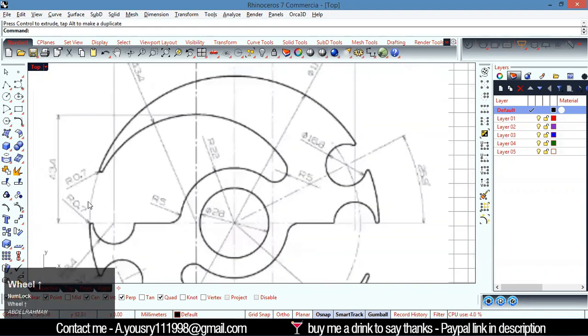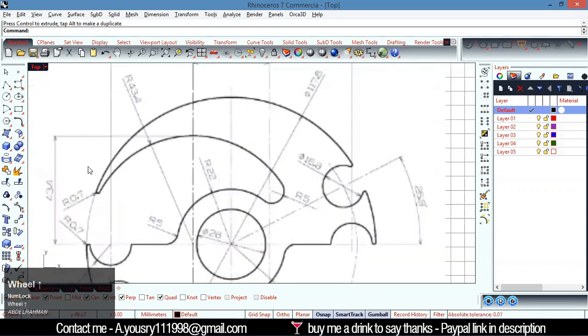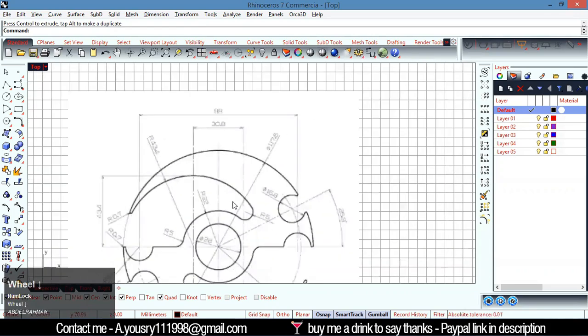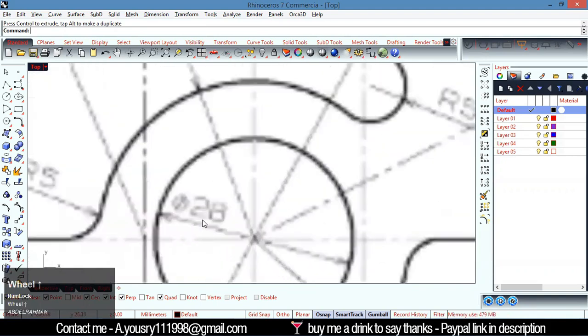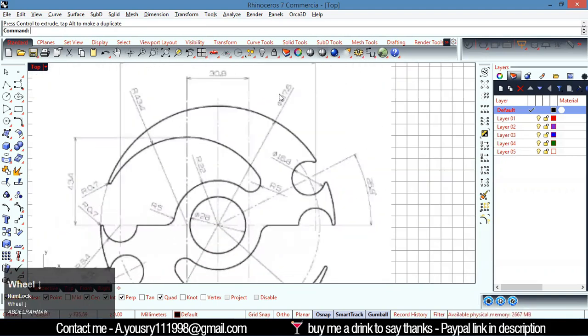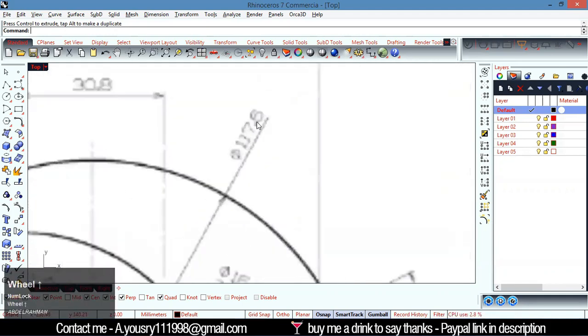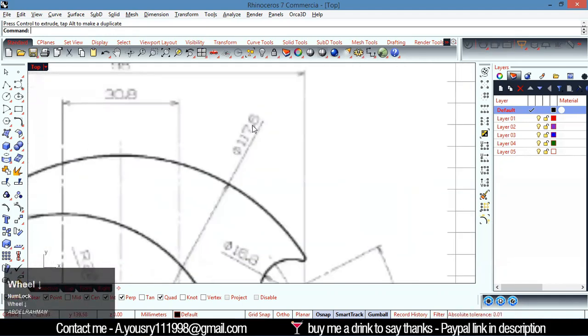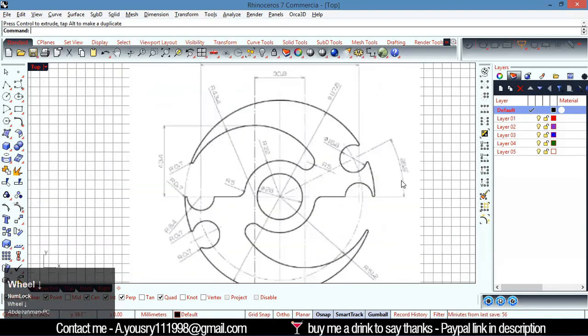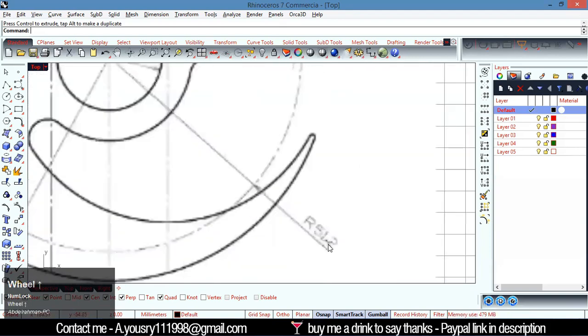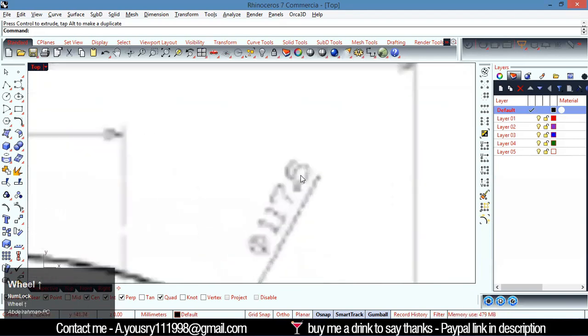Okay, so I'm going to draw the upper part at first. This one is going to be 28 and the bigger one is 117.5 or 117.6. I don't know, maybe it's 0.5, maybe it's 0.6. I think it's 0.6.